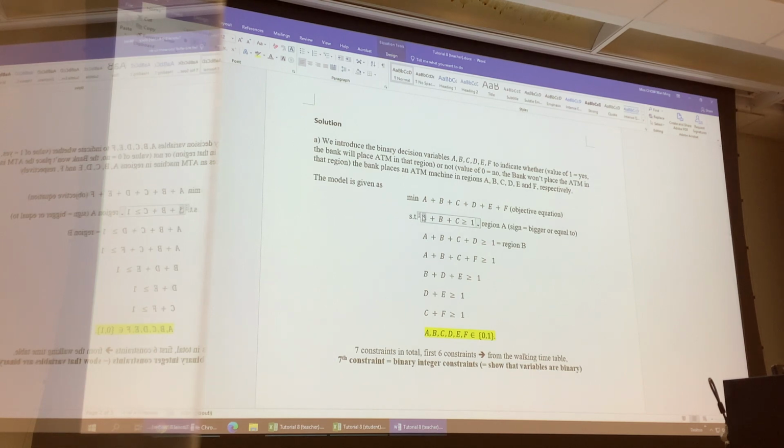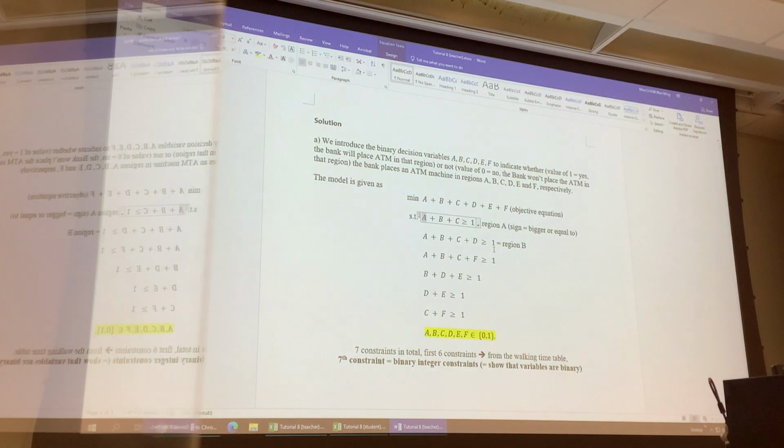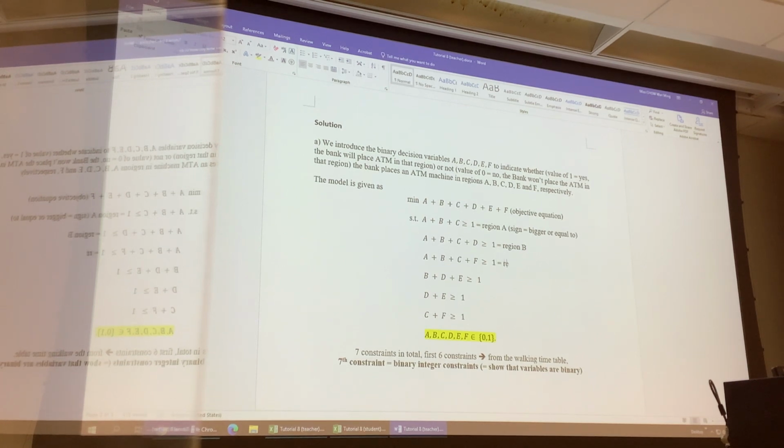So because that is also within 10 minutes. If you're in region A and then you go to region A, that is also within 10 minutes, right? So you have to include the corresponding region in this. Okay, so that is region A, and then we can go to region C.